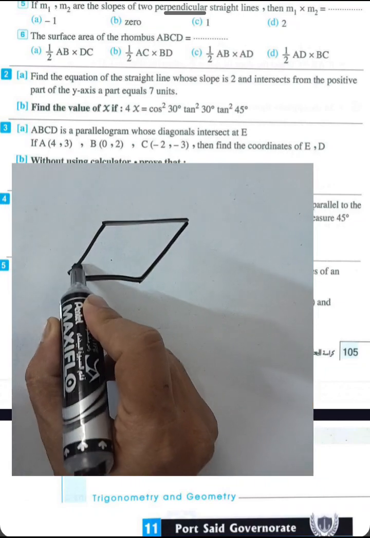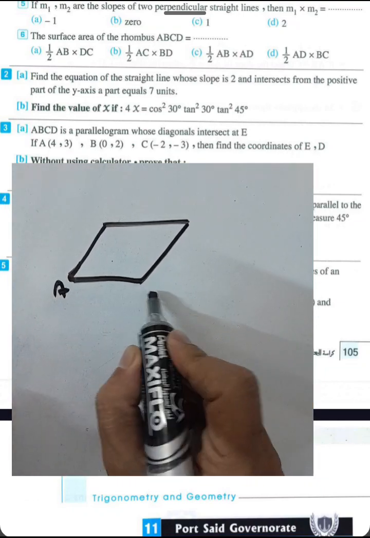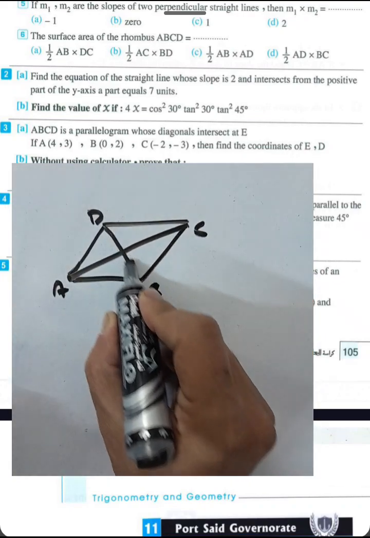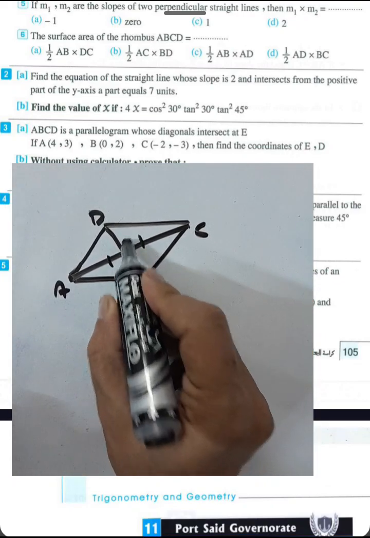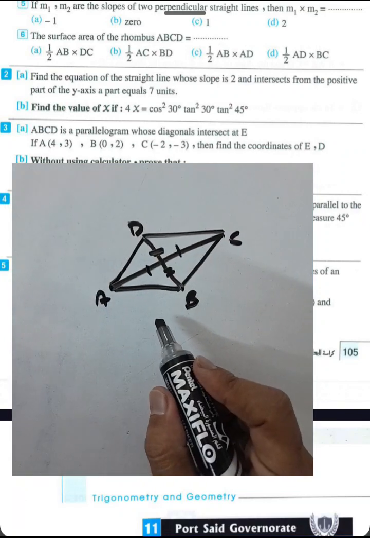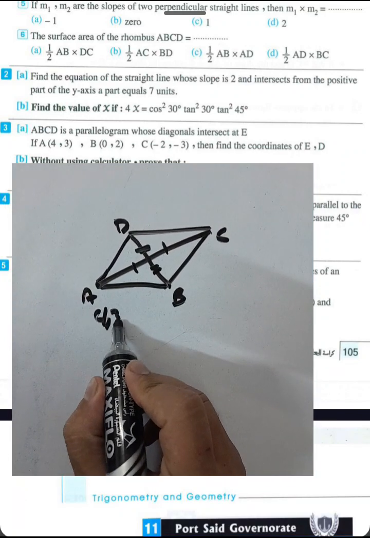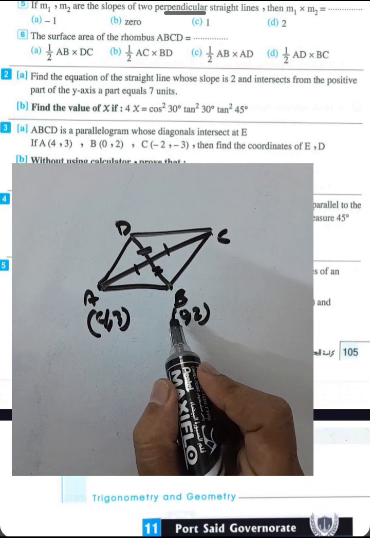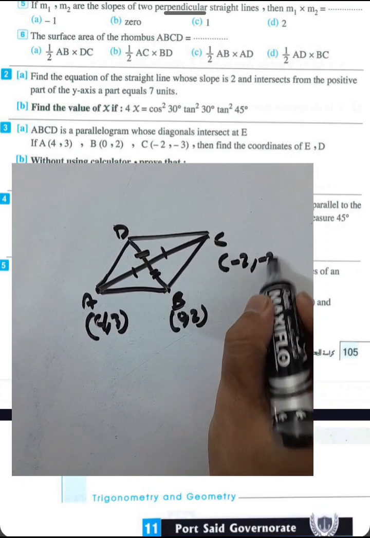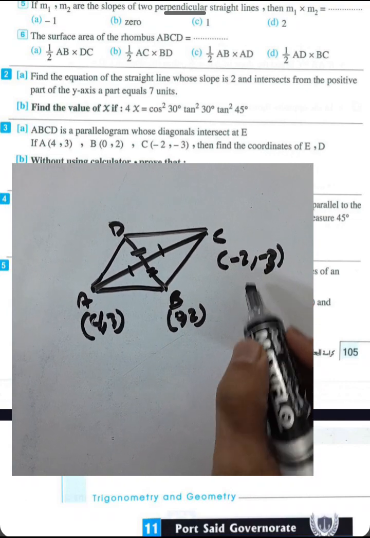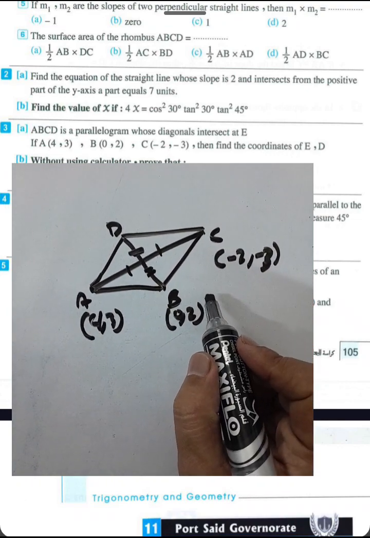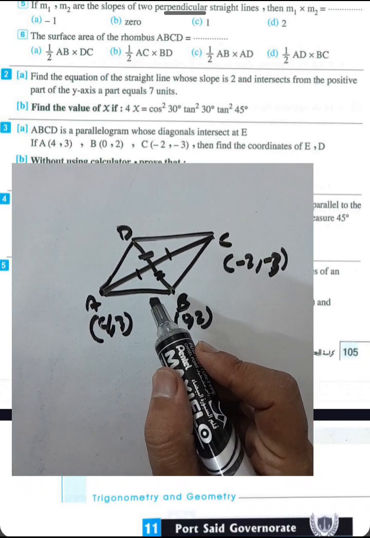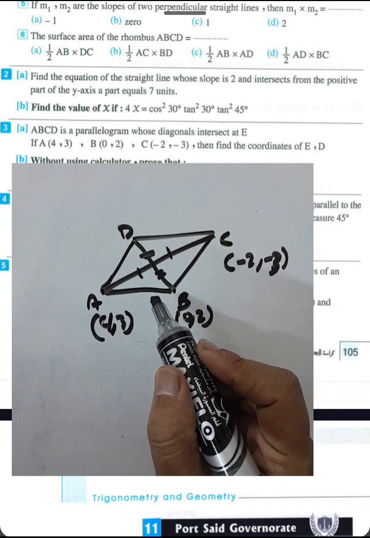The properties of a parallelogram: opposite sides are equal in length, and the two diagonals bisect each other. He gives us point A as (4, 3), point B (0, 2), point C (-2, -3), and point D is not given. I want to find point E and D.